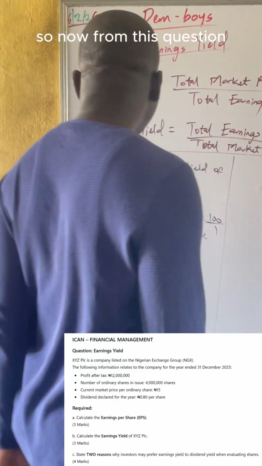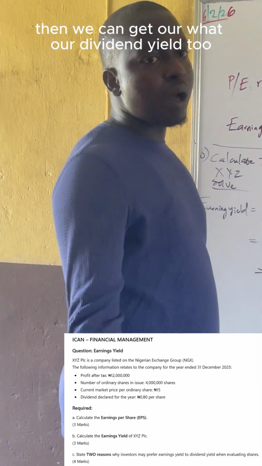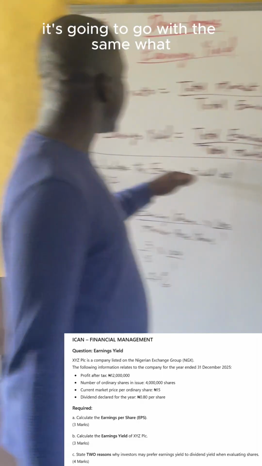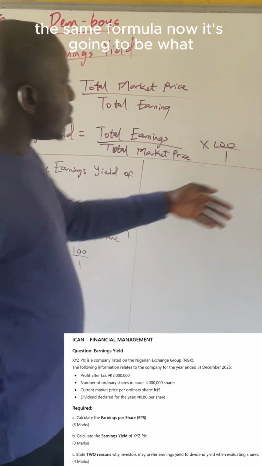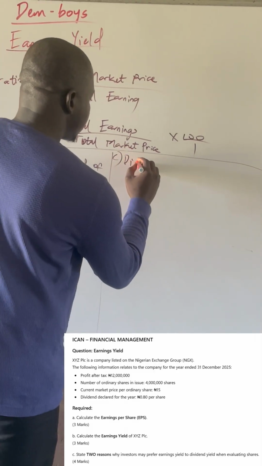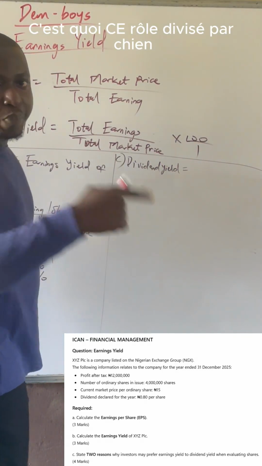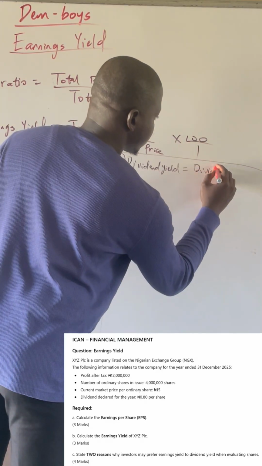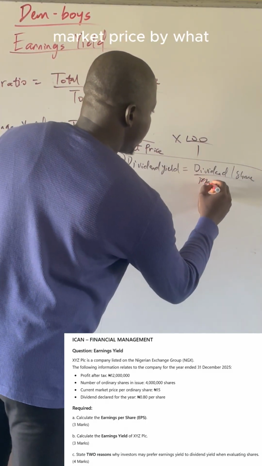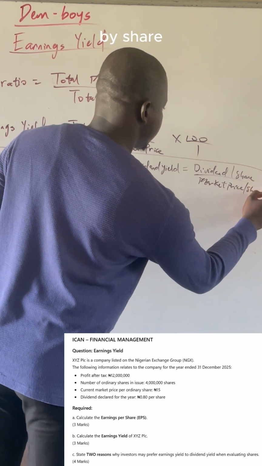But I can just give you an idea of what we are going to do next. From this question, our earnings yield is 20%. Then we can get our dividend yield too, with the same formula. Dividend yield equals dividend per share over market price per share.